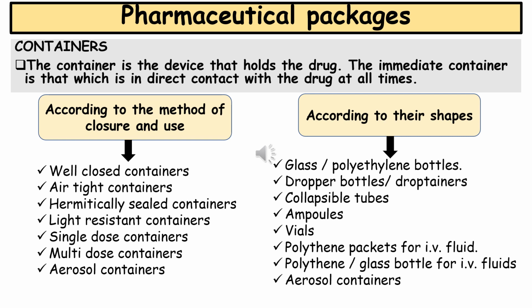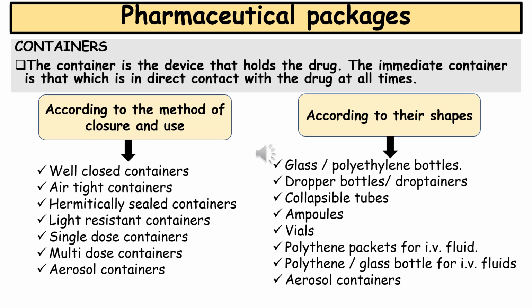So now let us see the packaging formats for containers. According to the method of closure and use, the packaging formats for containers are classified as well-closed containers, airtight containers, hermetically sealed containers, light resistant containers, single dose containers, multiple dose containers and aerosol containers.